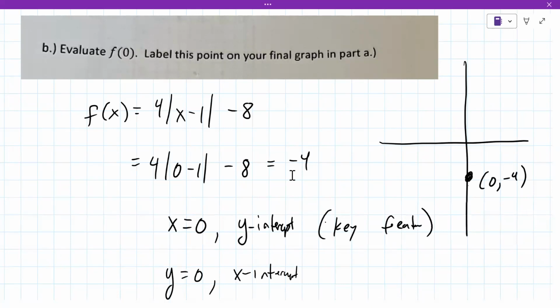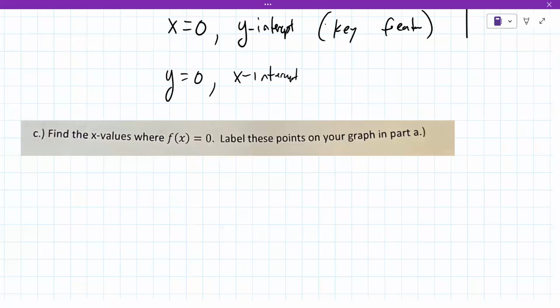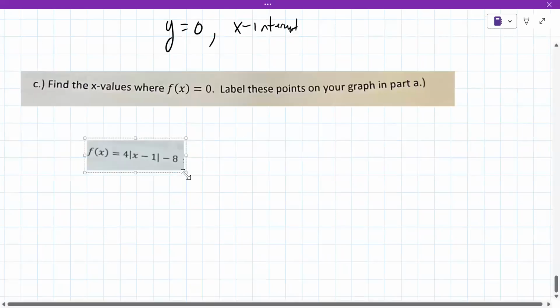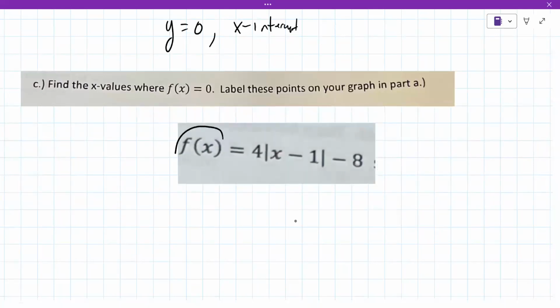And of course, the next part, C, is the other one, which is the x-intercept. That's setting the original function equal to 0. So we've actually already done this in the table. That's why it's saying, use the table, but you're replacing f of x with 0. 0 is equal to 4 absolute value x minus 1 minus 8.